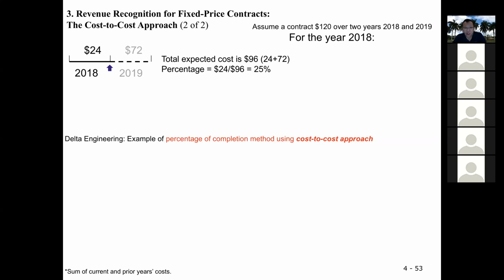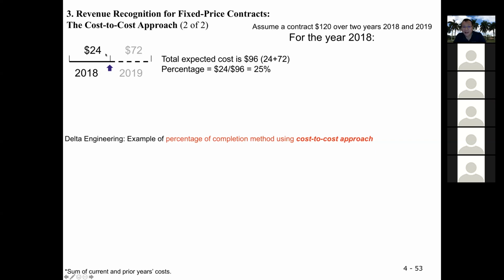So you know in 2018, the total cost is 24. This is the actual cost, okay? But because you are at the end of 2018, you don't know the actual cost for 2019. You can only estimate. And suppose you estimate the additional cost to complete this 2-year project is $72, okay?